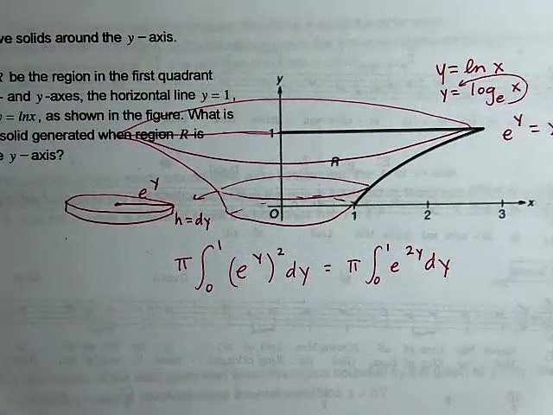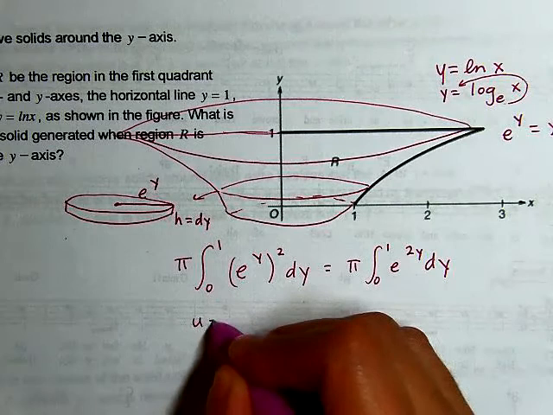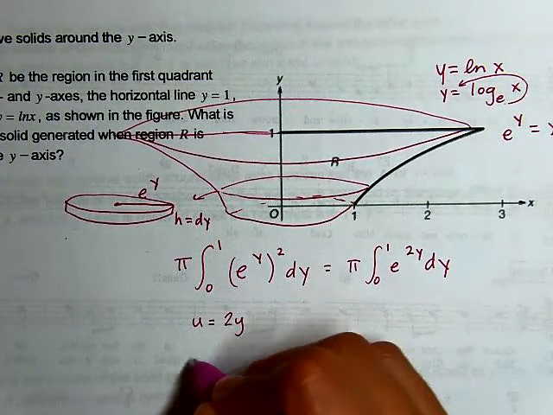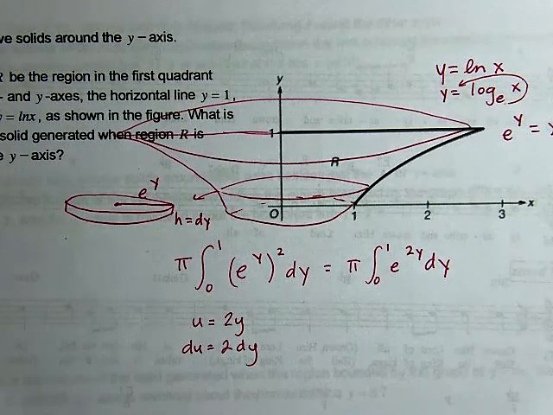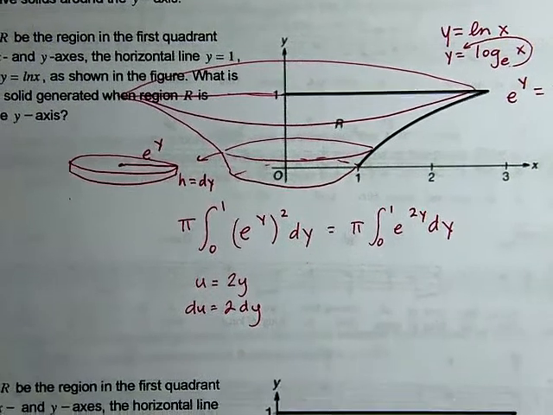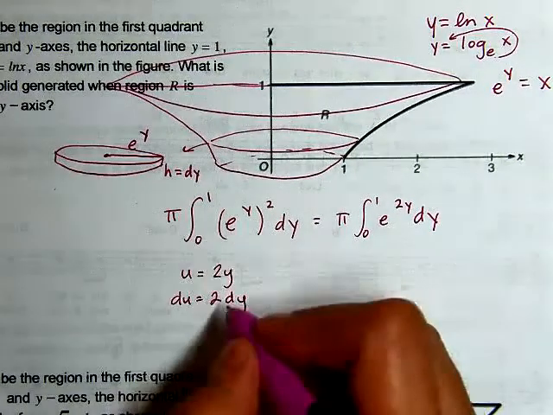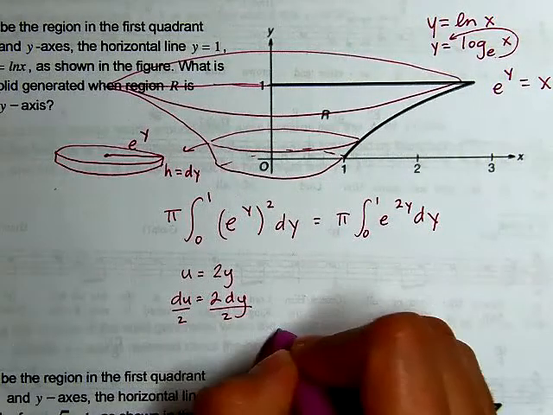And very similar to one of the last problems, we're going to use U-substitution. And again, I don't have a 2 anywhere to substitute in, so I'm going to divide by 2 on both sides.